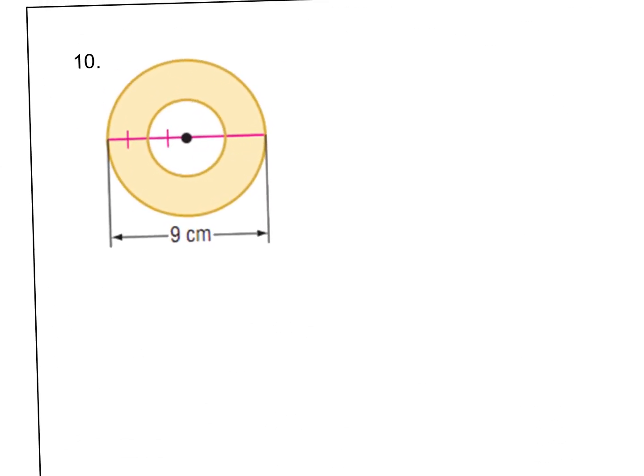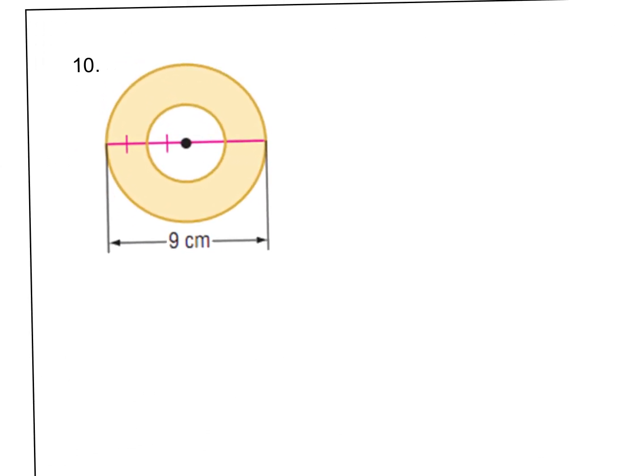Okay, last one. So they tell you that this whole thing is 9. So if I cut that in half, that would make it 4.5. They're saying this is split. These two are equal. So 4.5 divided by 2 should be 2.25.